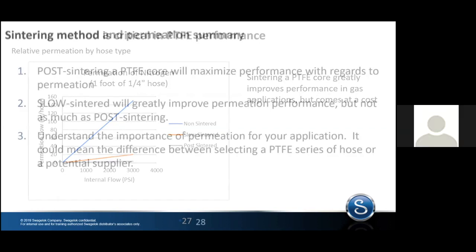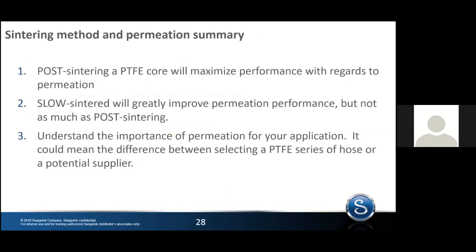Doug, should we have another go at the poll number 2? Yeah, perfect. Here we go. So what types of hoses do you use when permeation is a concern? And be honest, gang.